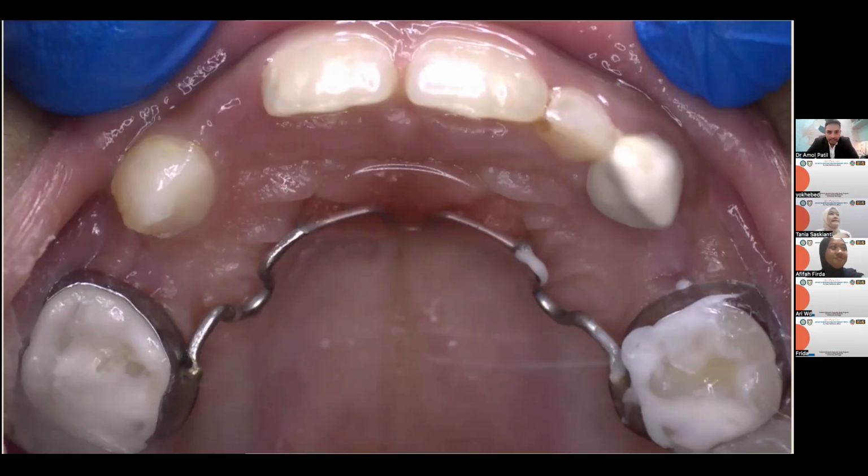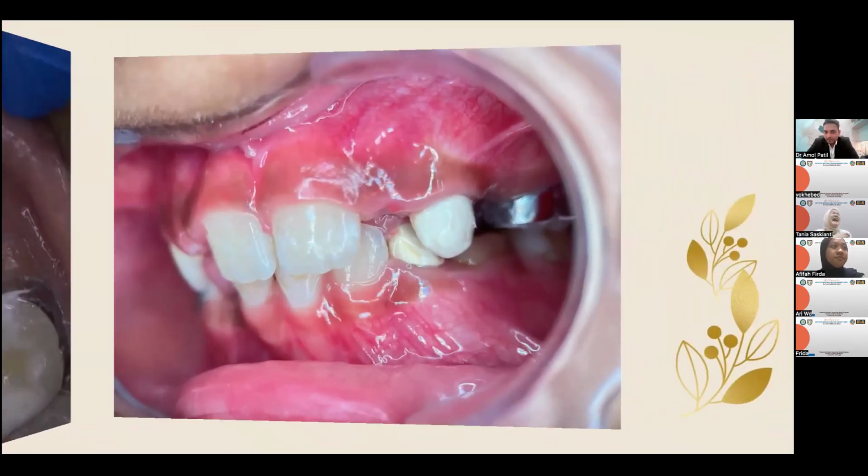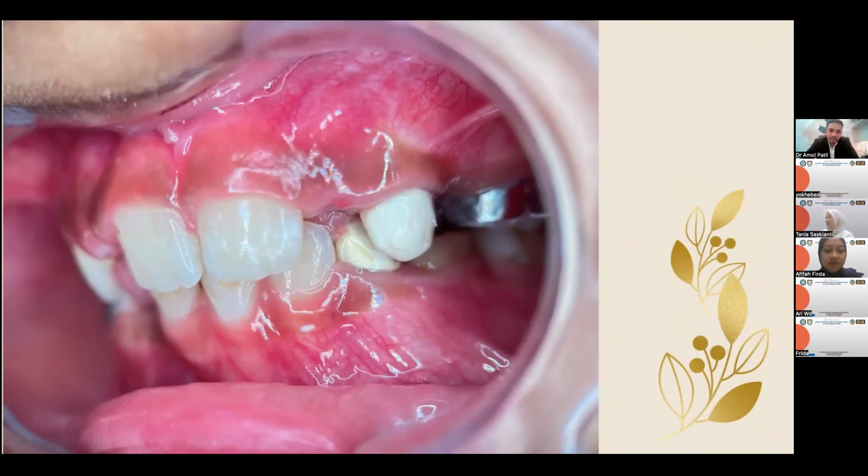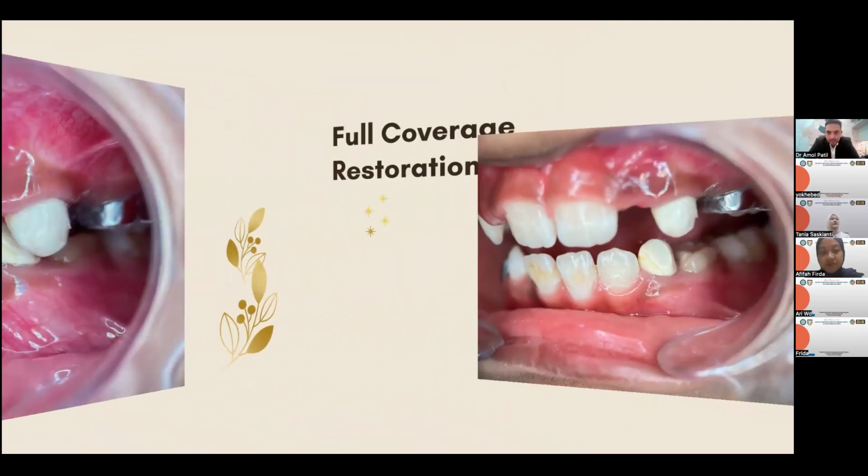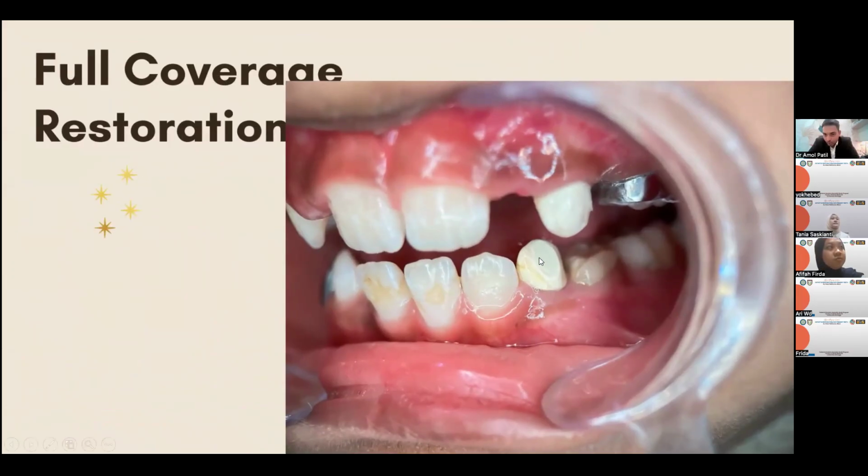For the anterior canines, the problem which I have seen is that if you give these bioflex crowns opposing a tooth or crown which is in contact, then as these are resin crowns, you can see wear. Like in this lower canine, both of these canines were restored with the bioflex crown.